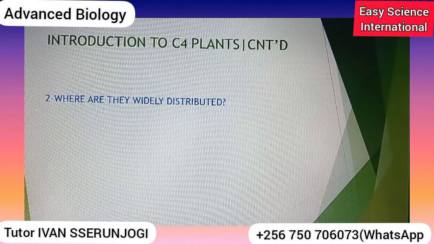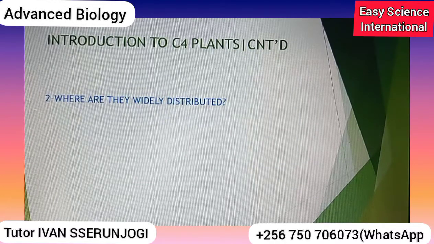Continuing with our introduction, the second question to be answered, having known the reason as to why these plants are referred to as C4 plants, we need to see where they are widely distributed, on the continent of Africa and in the entire world.